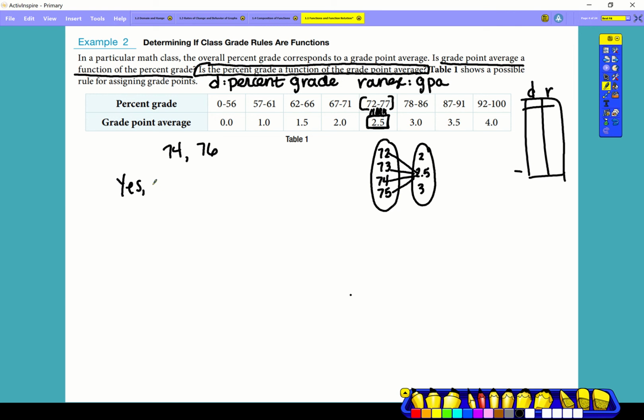So yes, GPA is a function of the percent grade.